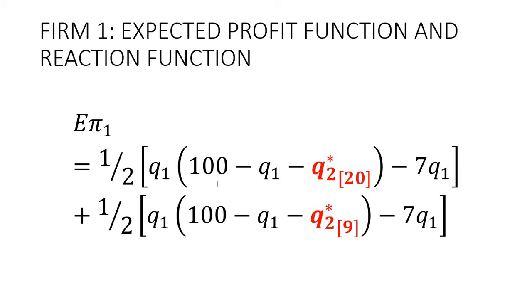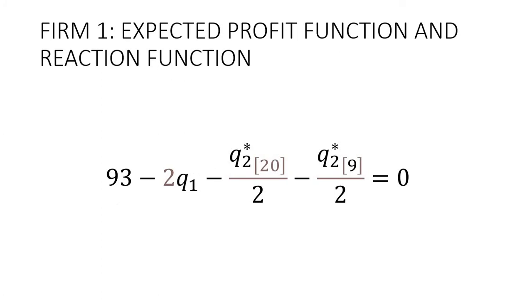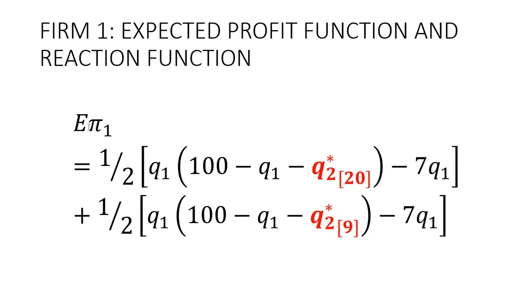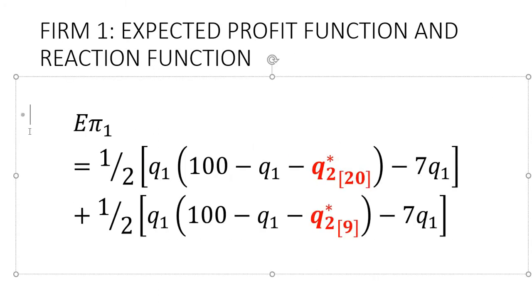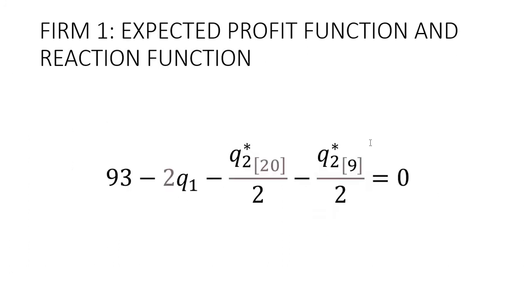Of course you can open the brackets and then take the derivative, or you can just calculate the derivative based on this expression, and this is what you are going to get after applying the first order condition. This expression stands for the derivative of the expected profit function with respect to Q1 equalized to 0.